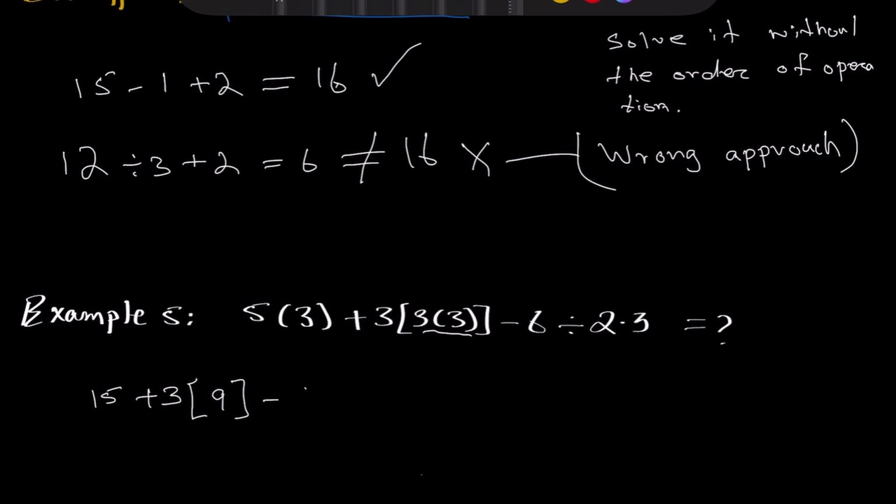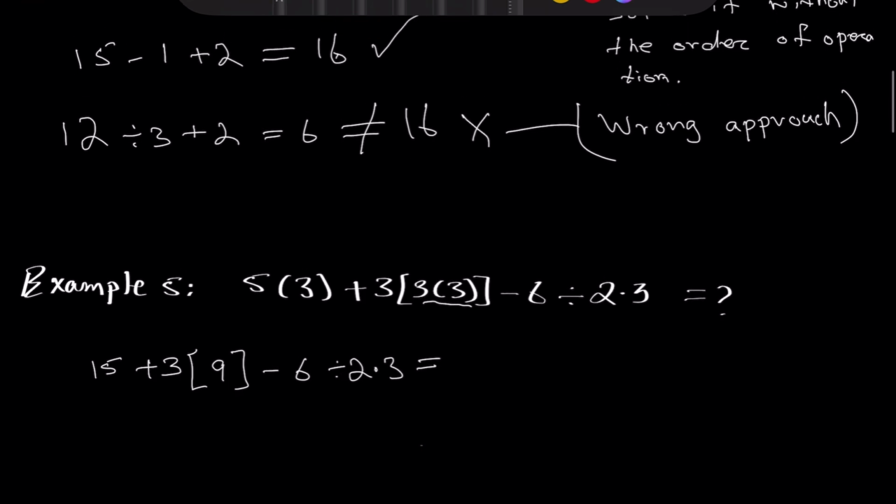Negative 6 minus 6 divided by 2 times 3 is equal to. Now the second step in this equation will be to get rid of the bracket. So let's move on: 15 plus 3 times 9 is 27, minus 6 divided by 2 multiply 3.